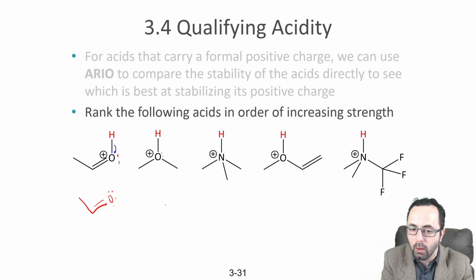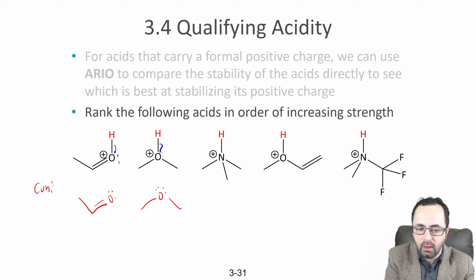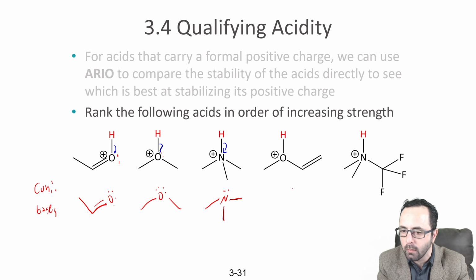Same thing here. This one has 1 lone pair. Okay, it will then have, once the H plus leaves and these electrons are left behind here, 2 bonds, and so these are the conjugate bases of these acids. Here we have a nitrogen atom, 4 bonds, no lone pairs. When the H plus leaves, it again leaves behind these 2 electrons, and so now this nitrogen has 3 bonds and 1 lone pair.